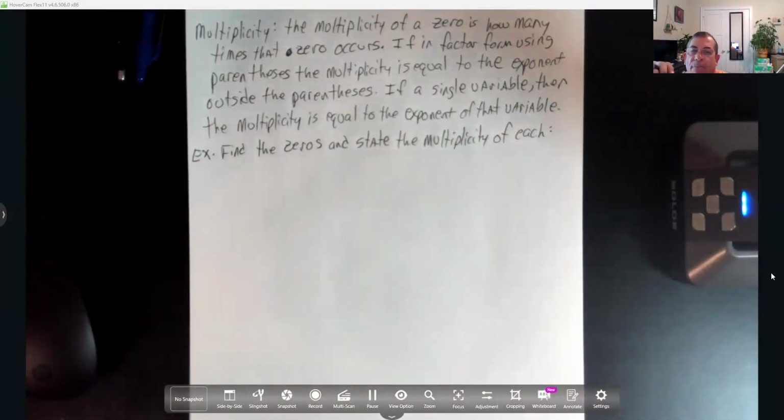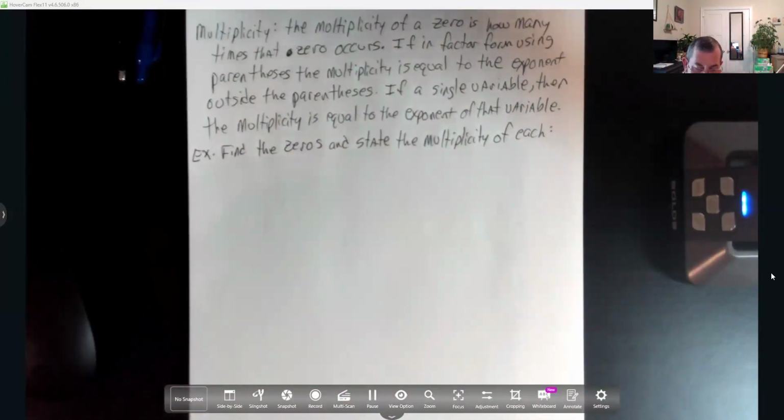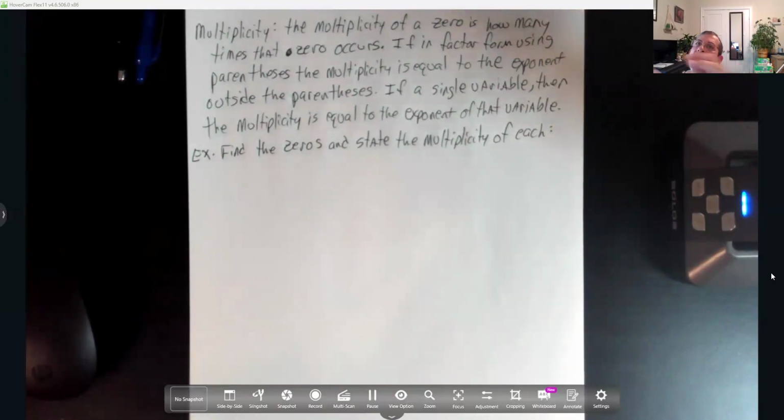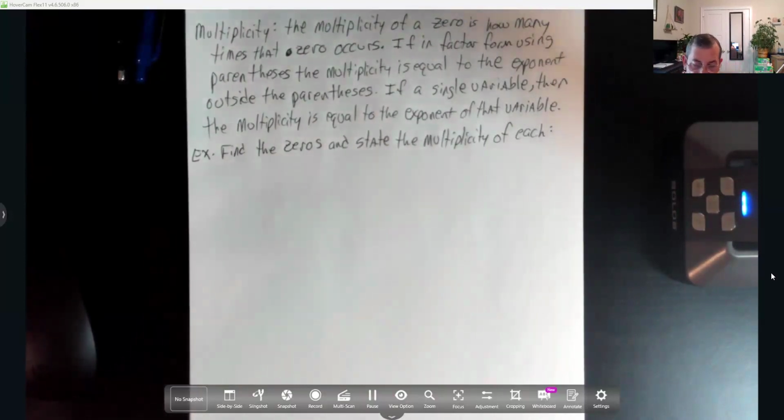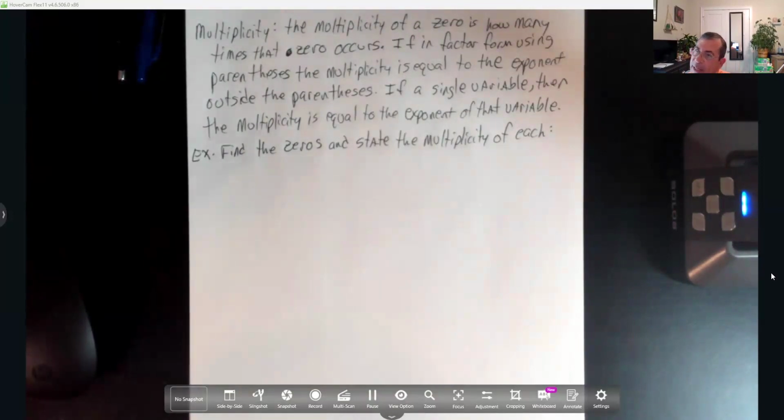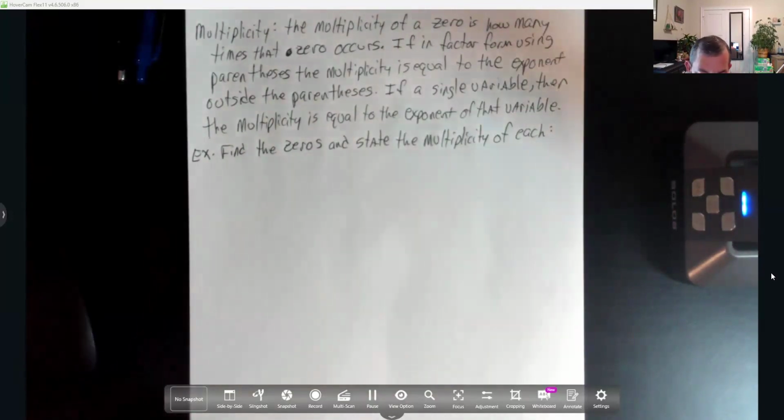Okay, so sometimes they give them to you in factored form, which the first few examples will give us. And then later on, they're just going to give us a polynomial, and we actually got to factor it to find our zeros, okay? So like I said, they're going to start out factored.